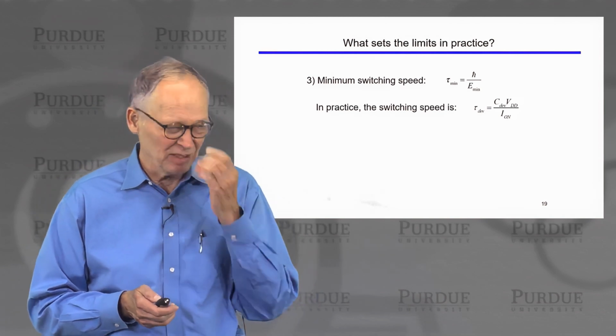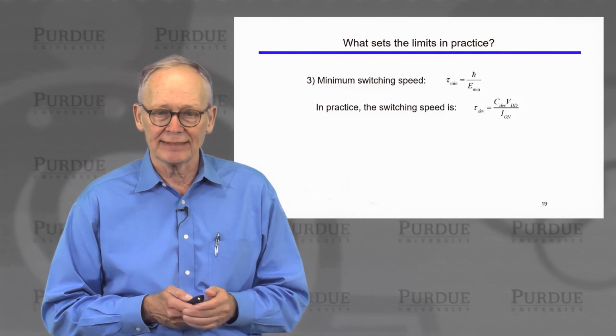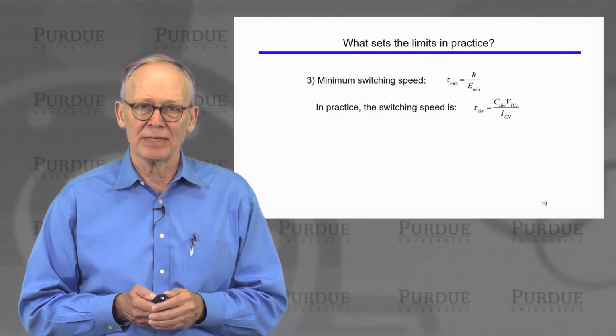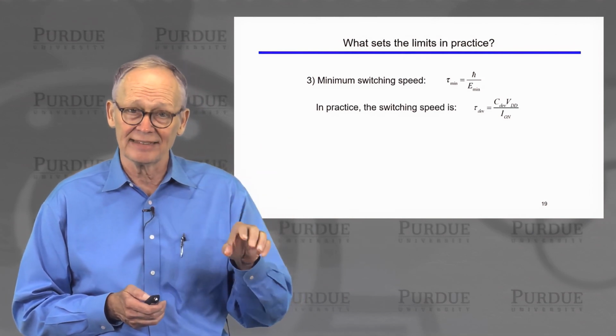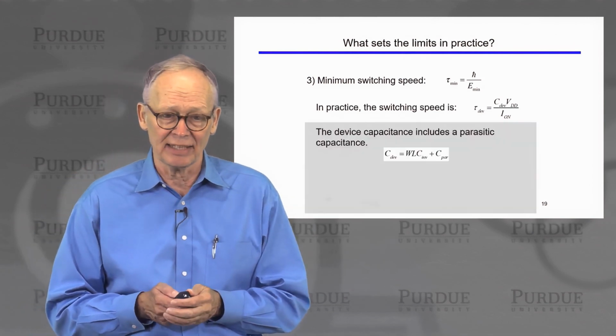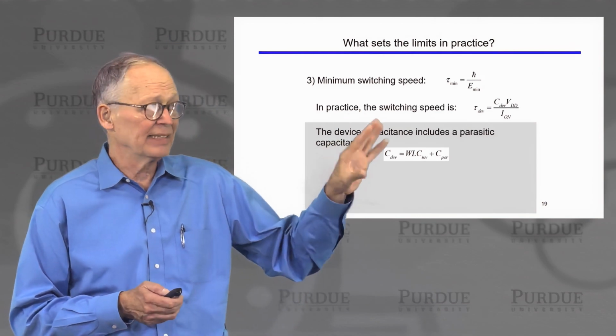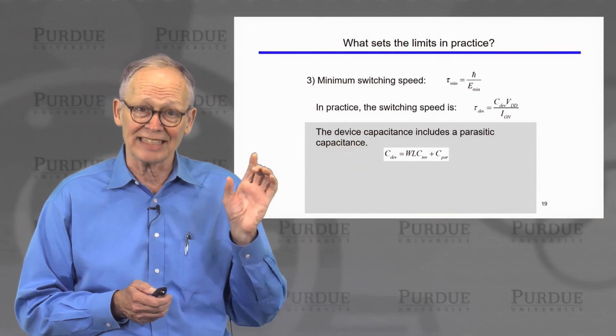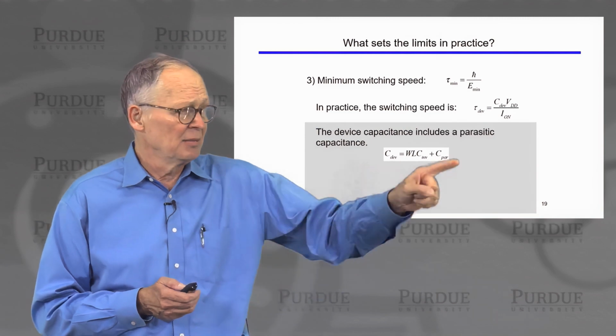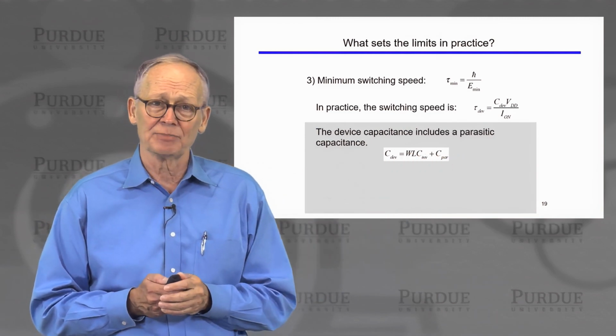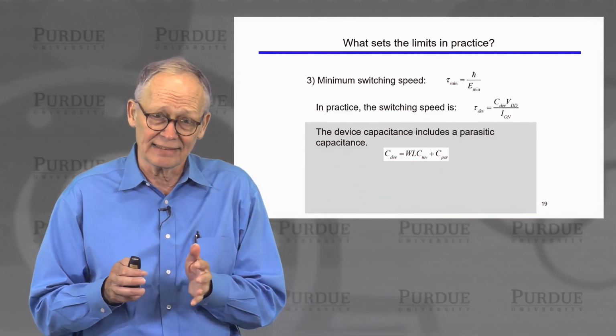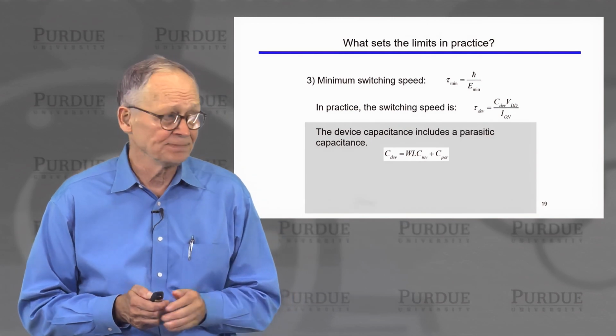Speed limits. If we look at the speed of a device, the device delay metric is the capacitance of the device times the power supply divided by the on current. The device capacitance includes not just the intrinsic gate capacitance, but a larger and larger fraction of parasitic capacitance as the device footprint is scaled down.